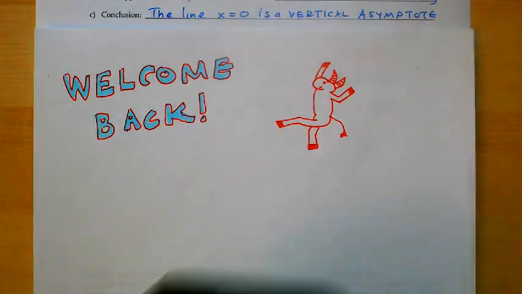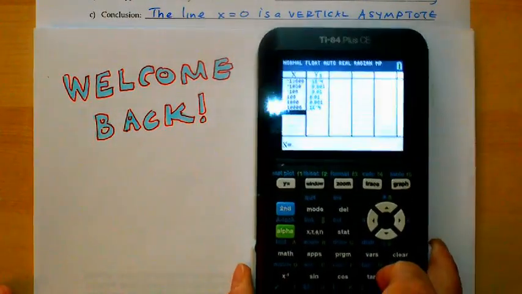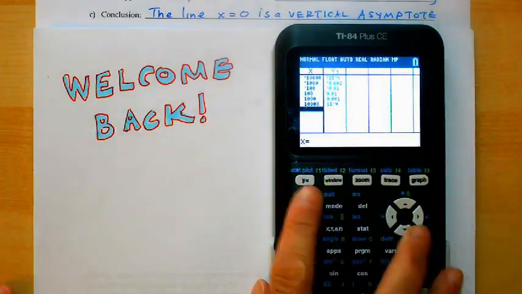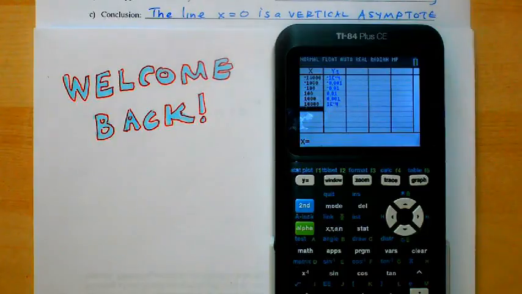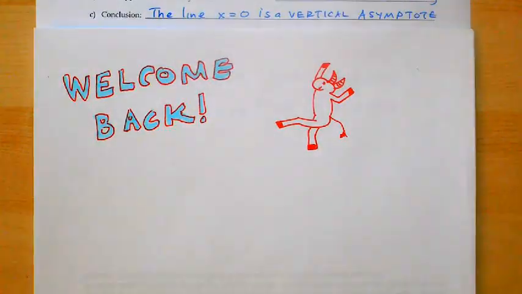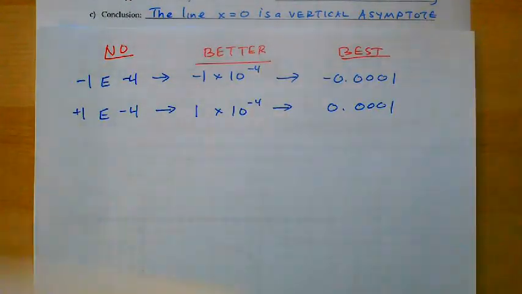Okay, welcome back. This is what my calculator screen looks like as I have calculated those values, and we do see that mysterious capital E in our y values. So let's just, always keep in mind, we don't want to write a number as -1, capital E, -4.